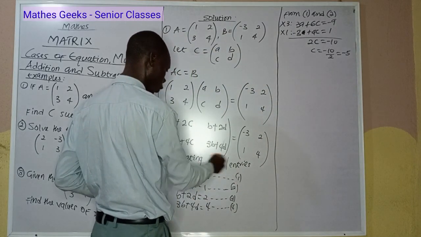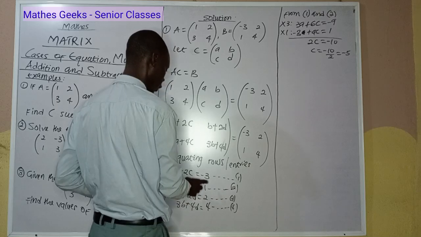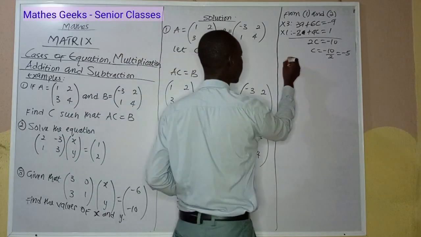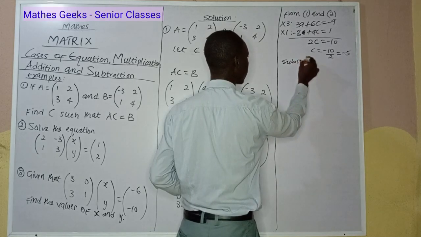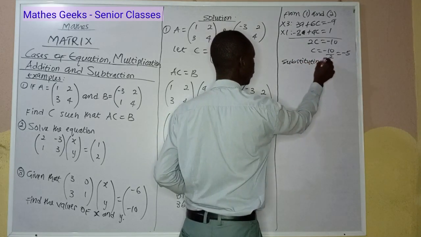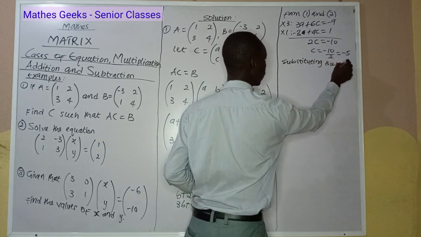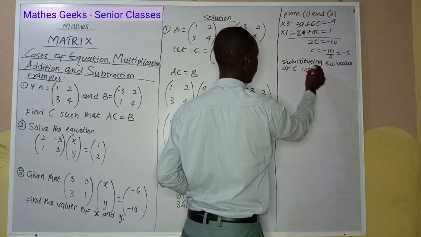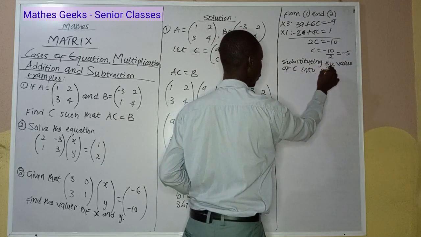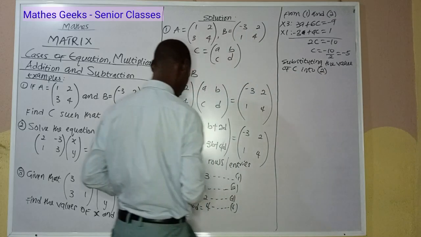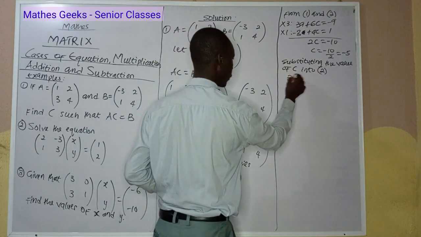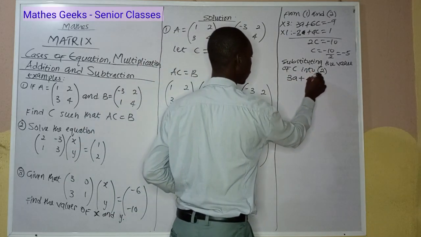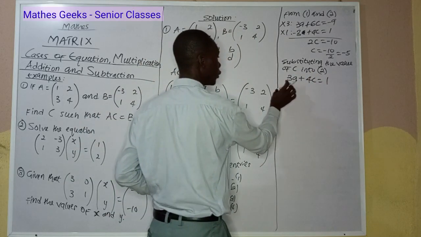Okay, since we are still working with equations 1 and 2, and we've gotten c only, let's get a. Substituting the value of c into equation 2, we have 3a plus 4c equals 1.